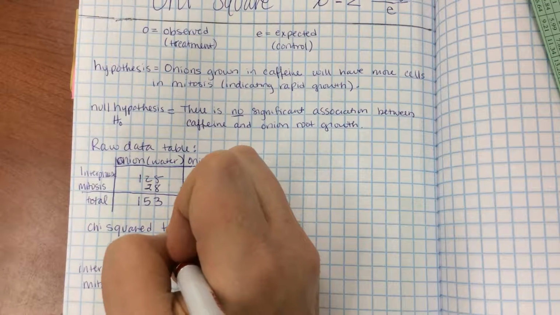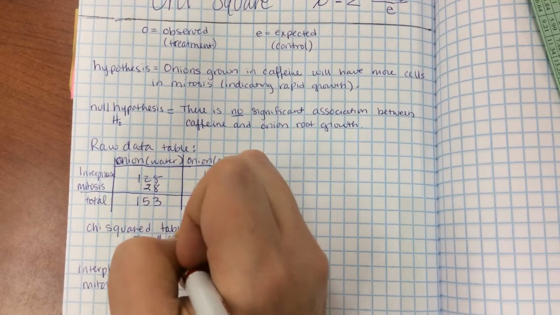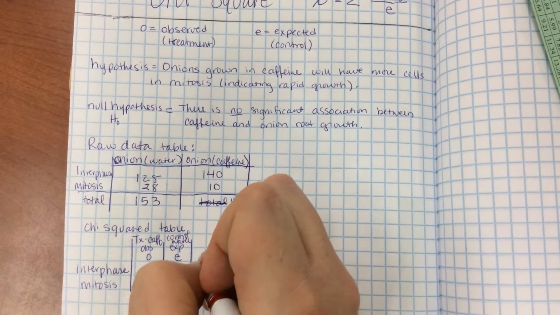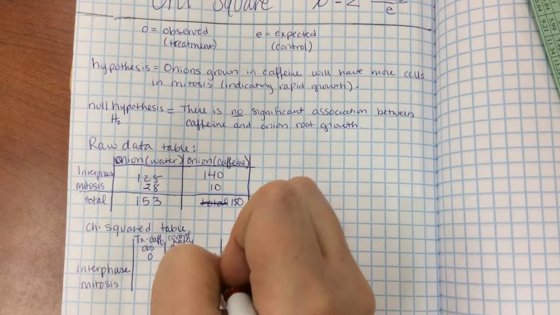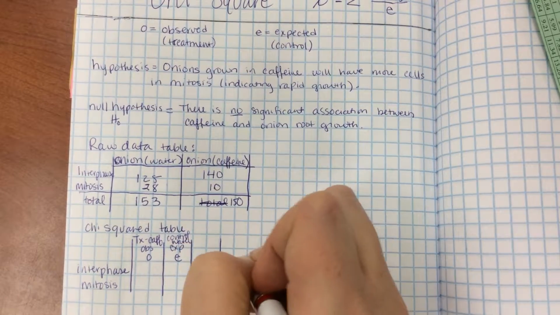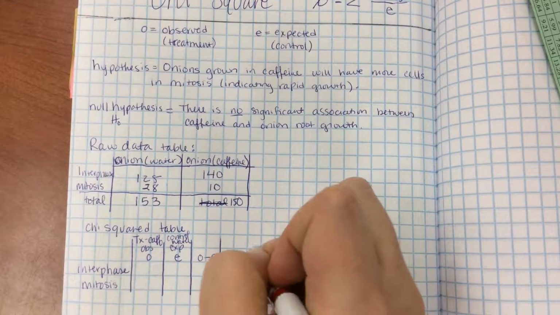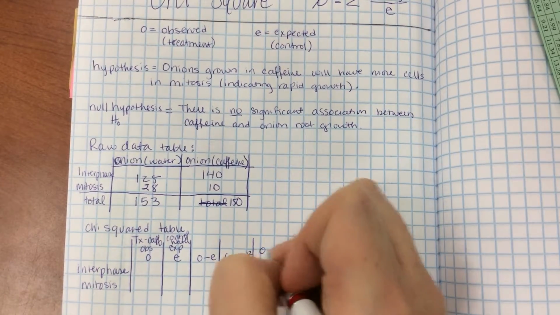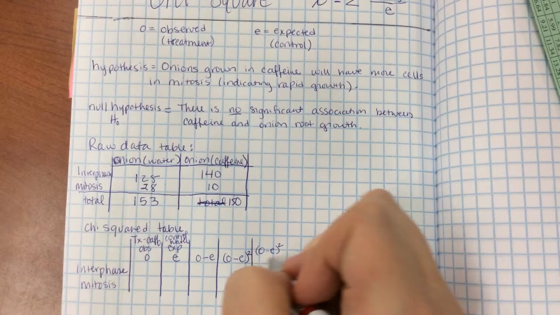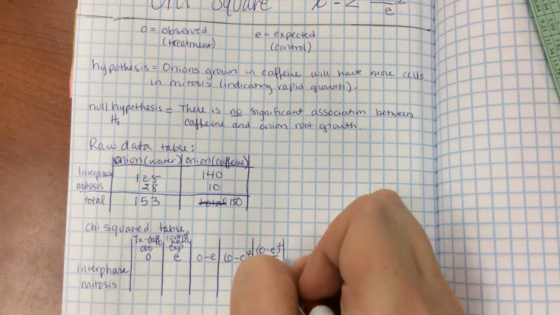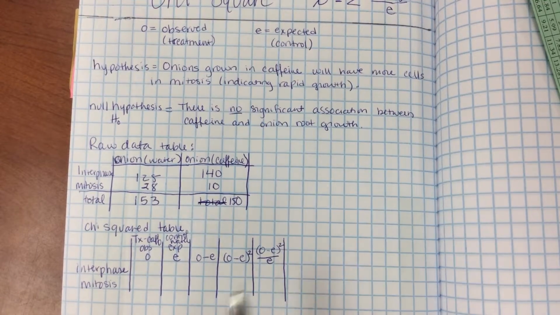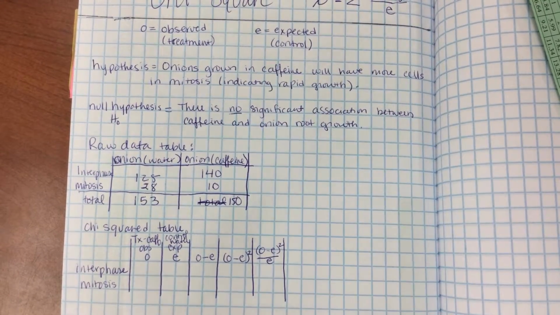This is my control or my water. Okay. And then I'm going to have a column for the O minus E, the O minus E squared, and then the O minus E squared divided by E. So now I have a column that walks me through almost all of my chi-square steps, okay?